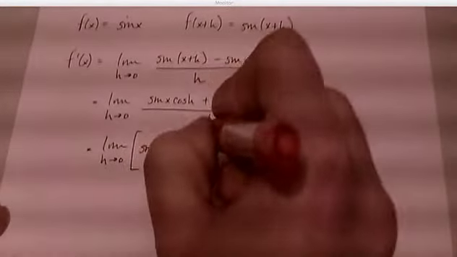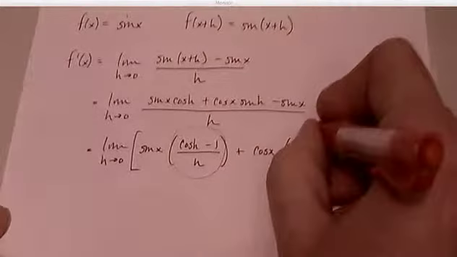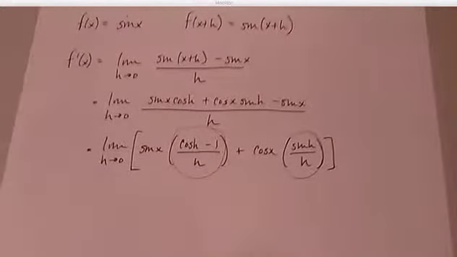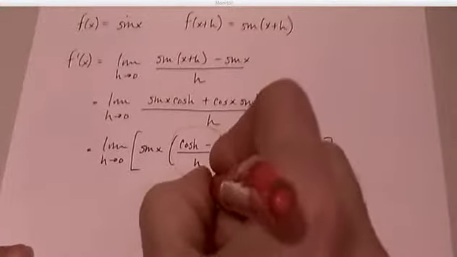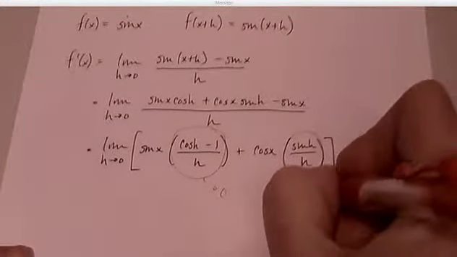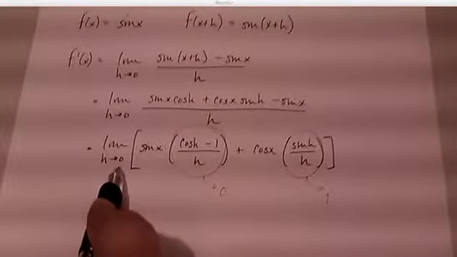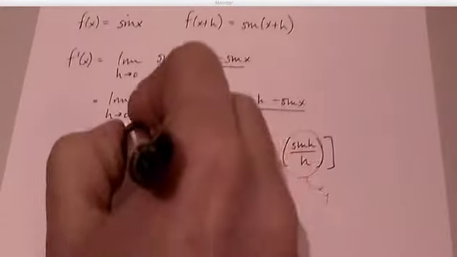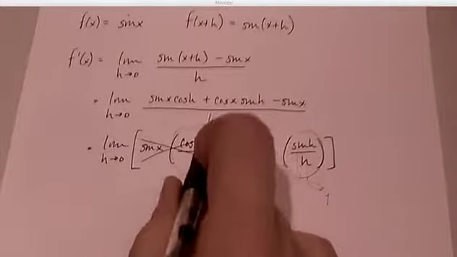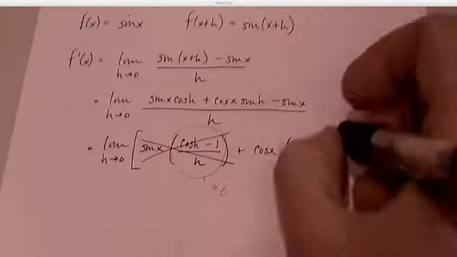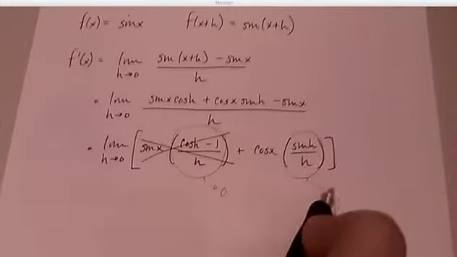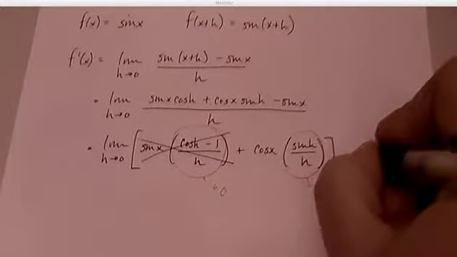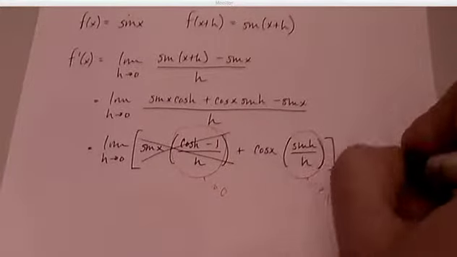Now, this as h goes to 0 and this as h goes to 0 should be very, very familiar. This goes to 0. This goes to 1 when I actually evaluate it as h goes to 0. So this whole term falls out because that portion of it right here is going to 0. This portion of it is going to 1, and therefore the derivative of sine is cosine.